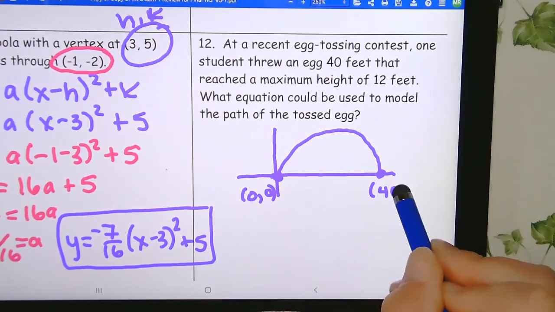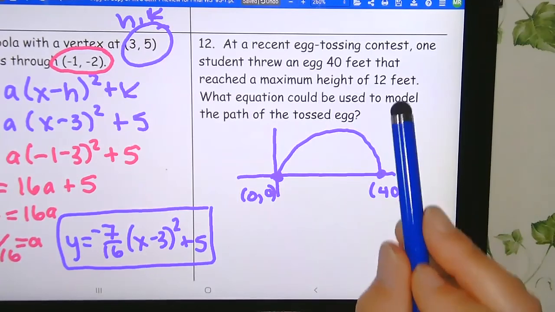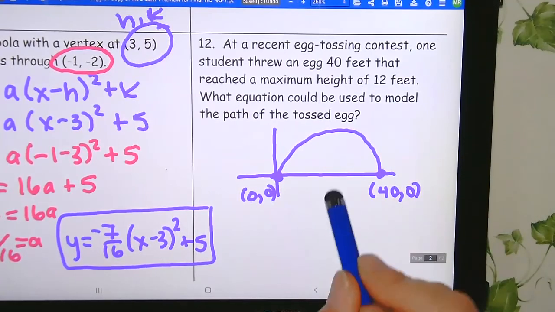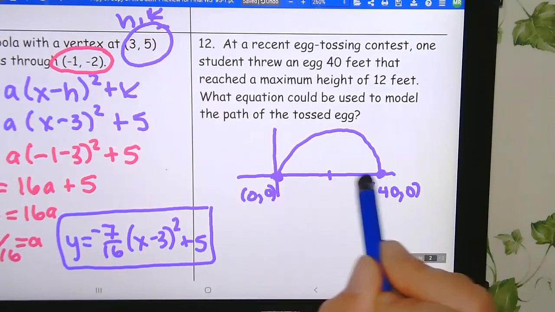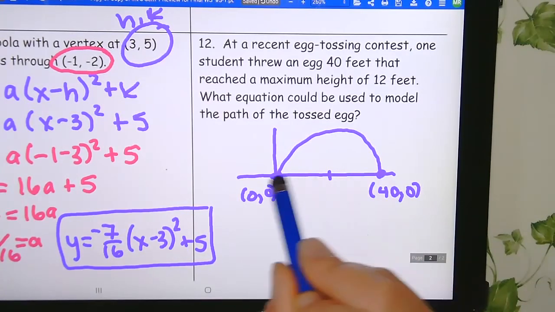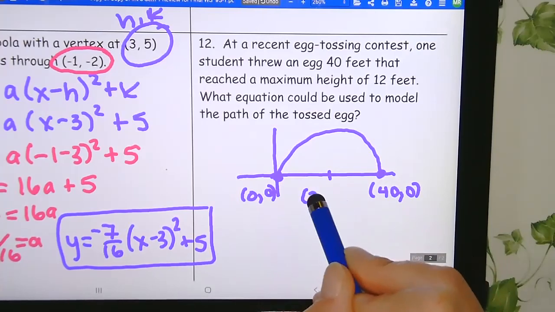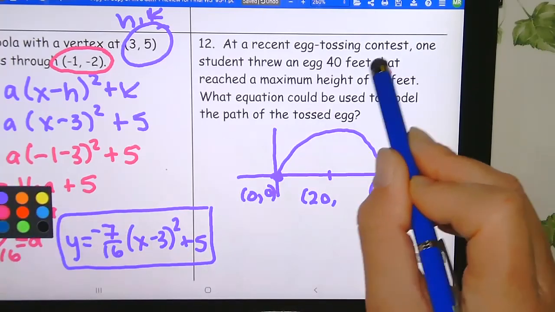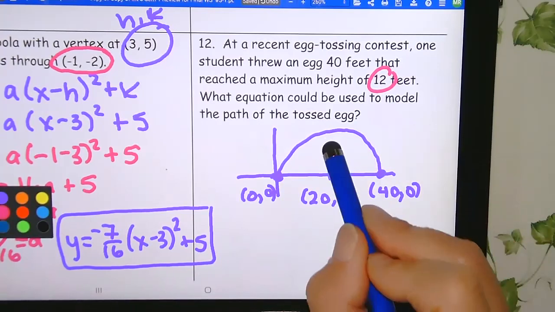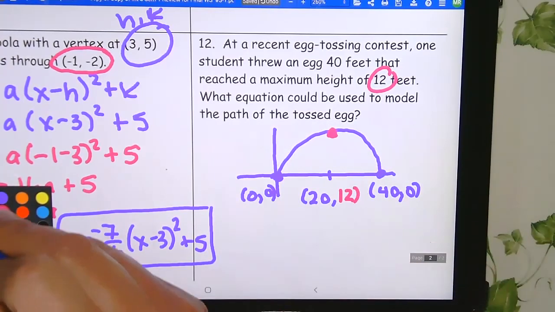Here I'm at 40, 0. I know the max height is 12. The max height has to be at your vertex. So your vertex has to be halfway in between the two x-intercepts. Since this is 0 and 40, this is going to be 20, comma something, and the something is going to be this 12. So this point up here is going to be 20, comma 12.